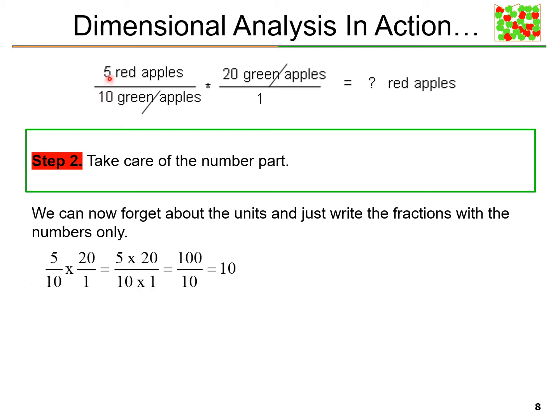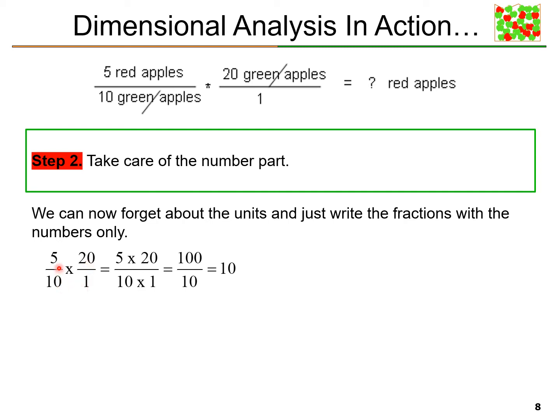So we're going to write 5 divided by 10 from this fraction here, and we're going to multiply that by 20 divided by 1, 20 and 1 from this fraction. So notice here, down here, we have left off the units. You don't see apples written down anywhere because we've already taken care of the units in step one.